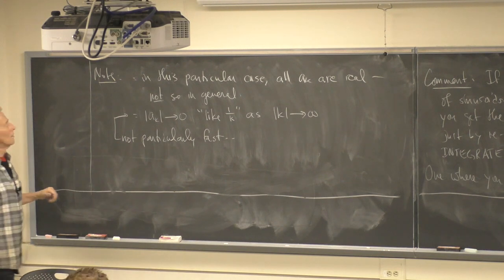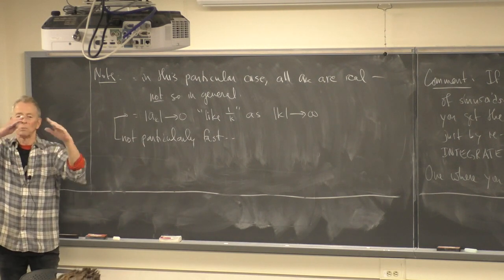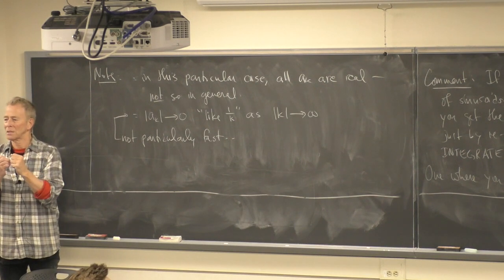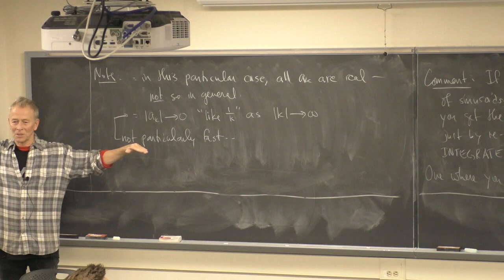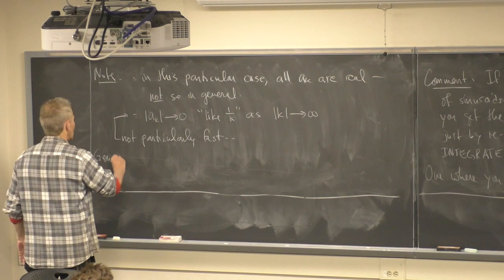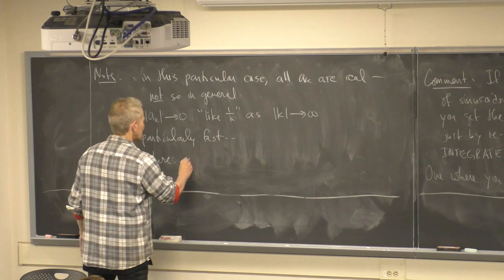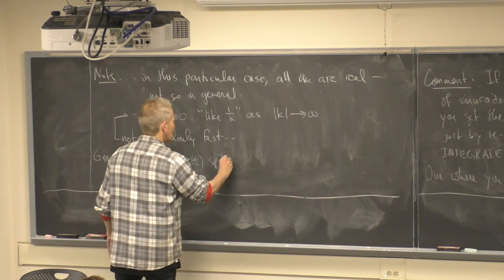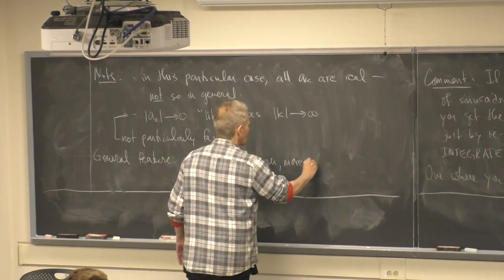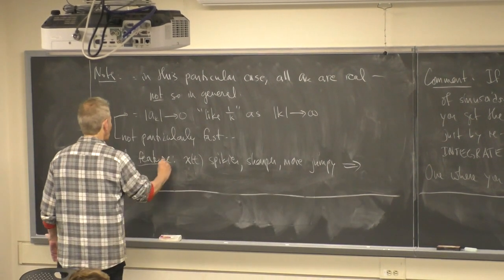But anyway, how does that in general play into signals analysis? It turns out that the rate of decay of the Fourier coefficients has to do with how smooth the function is. The spikier and nastier the function is, the slower the Fourier coefficients decay as k goes to infinity. So here's a general feature: when x of t is spikier, sharper, more discontinuous, more jumpy, then the AKs go to 0 not so fast.